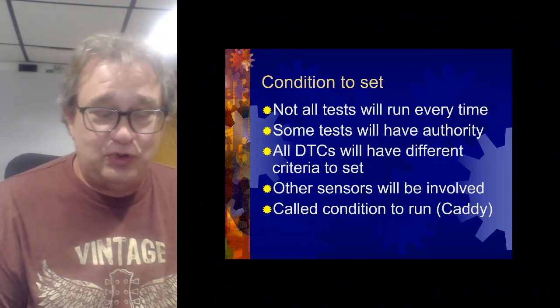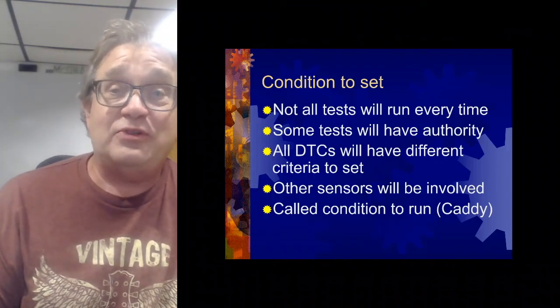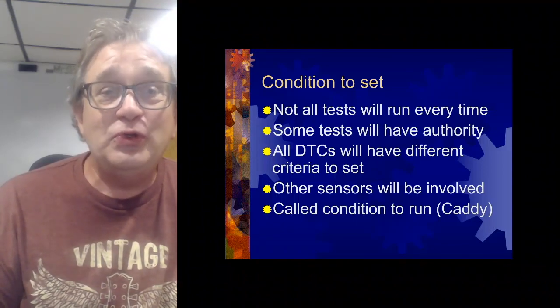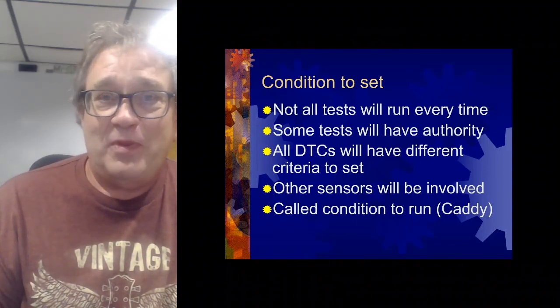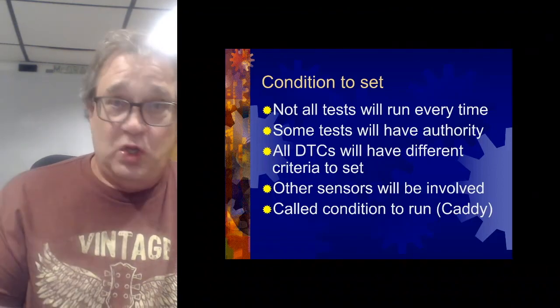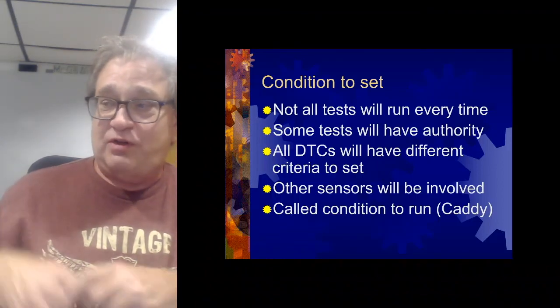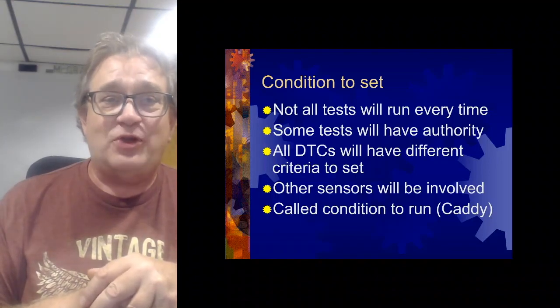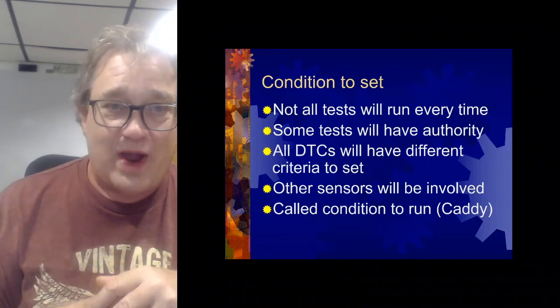So you fix the O2 sensor code, and then guess what happens? The computer goes, hey, I got a good O2 sensor. Let's run that cat test. And all of a sudden, you put in an O2 sensor, fix the code, ship it on its way, bam, comes up with a cat code. Well, why did you come up with that?